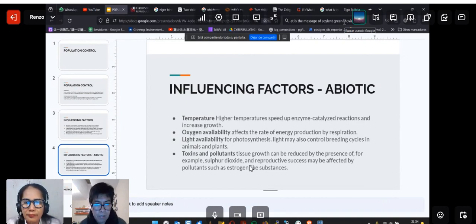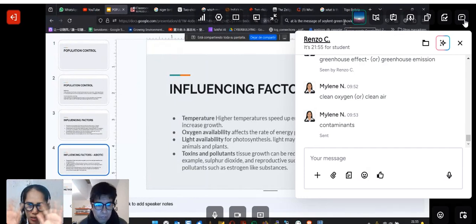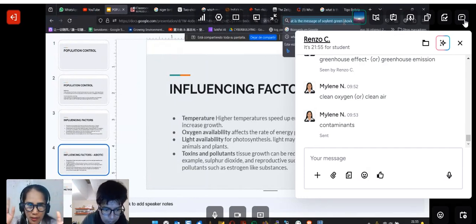There is also another factor, the light availability. In the case of plants, it's documented that at certain points in the history of the earth, there was no sun because volcanoes erupted, and the ashes and smoke covered the sunlight.